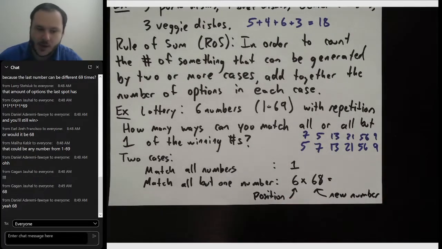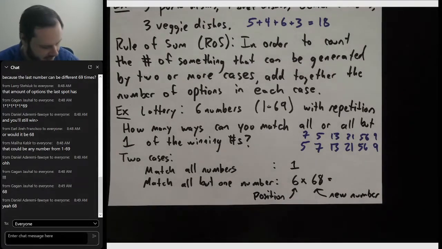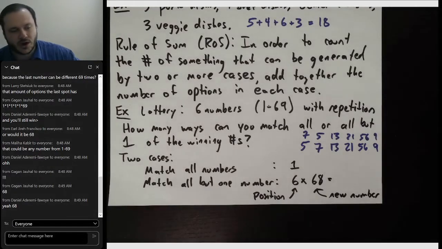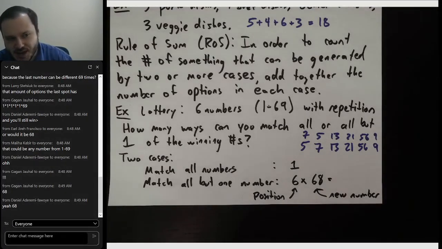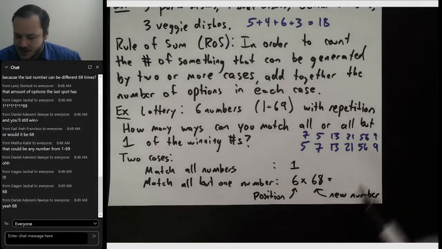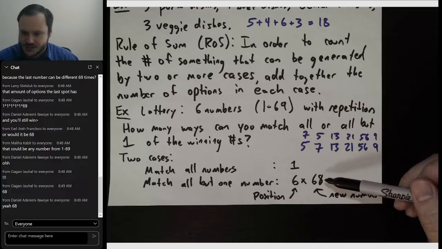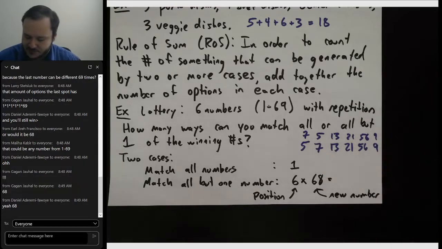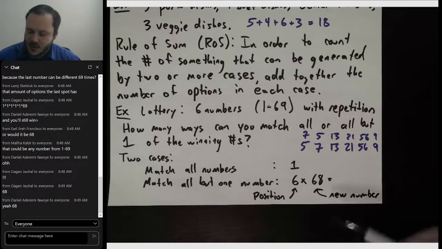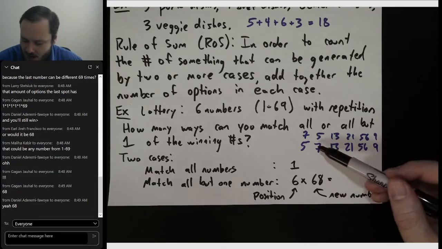Rule of product, and I want to point out, right, we're already using this clause from rule of product that says it's just the number of options that doesn't matter. Because if I pick first position, then my 68 choices are anything but 5. But if I pick second position, my 68 choices are anything but 7.